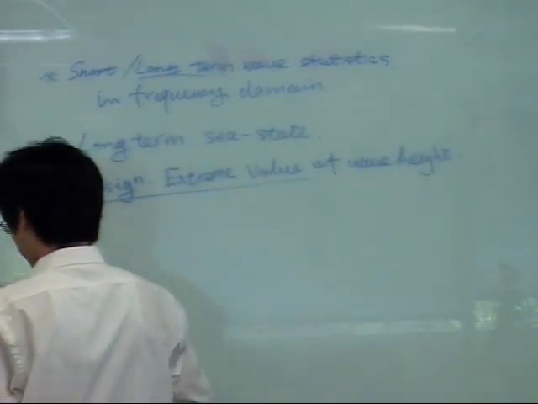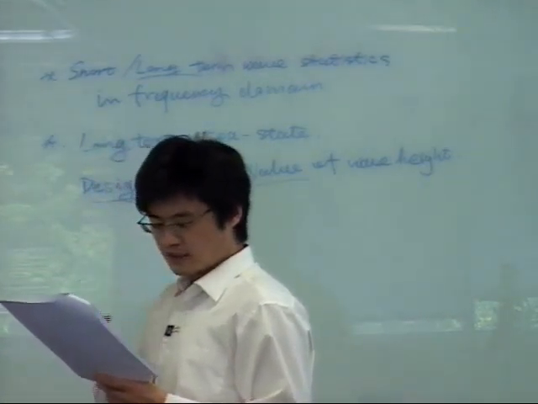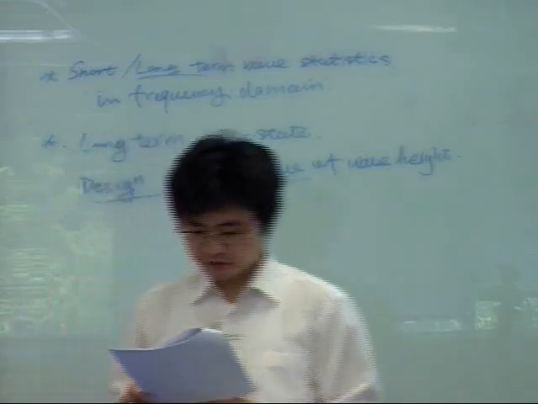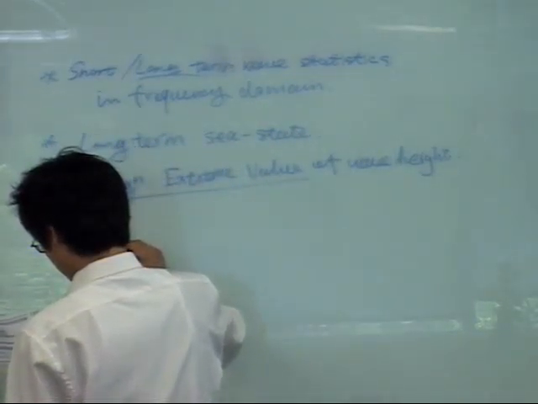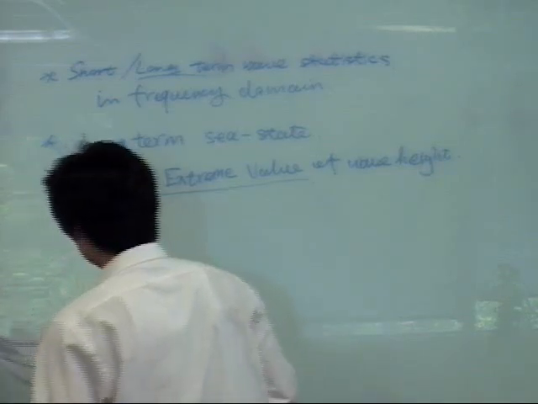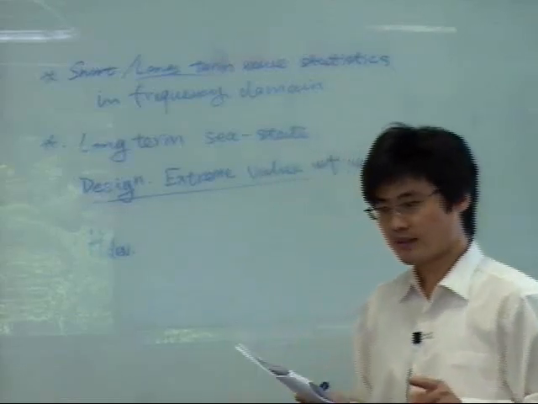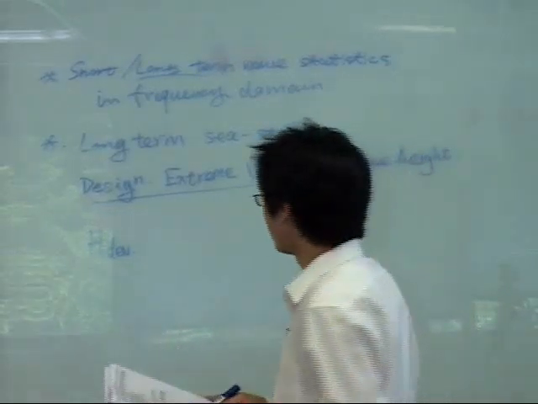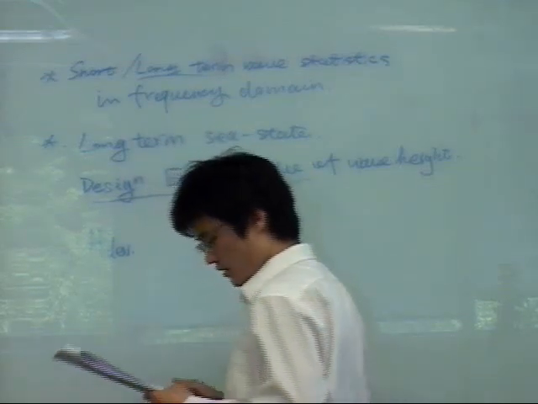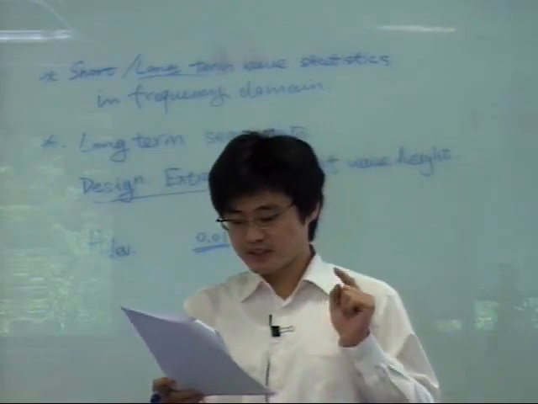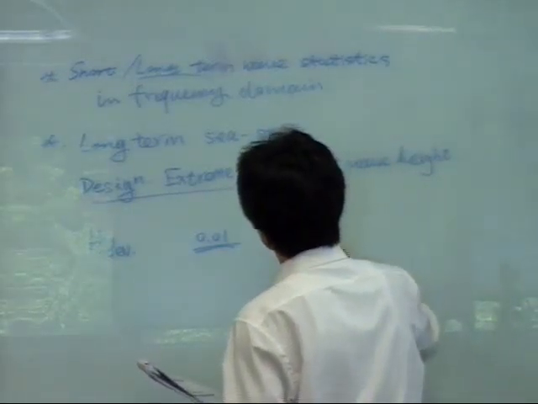Okay, typically the design extreme value of the wave height, H design value, is the wave amplitude that has a probability of 0.01 of being exceeded in N encounters. N is a large value.